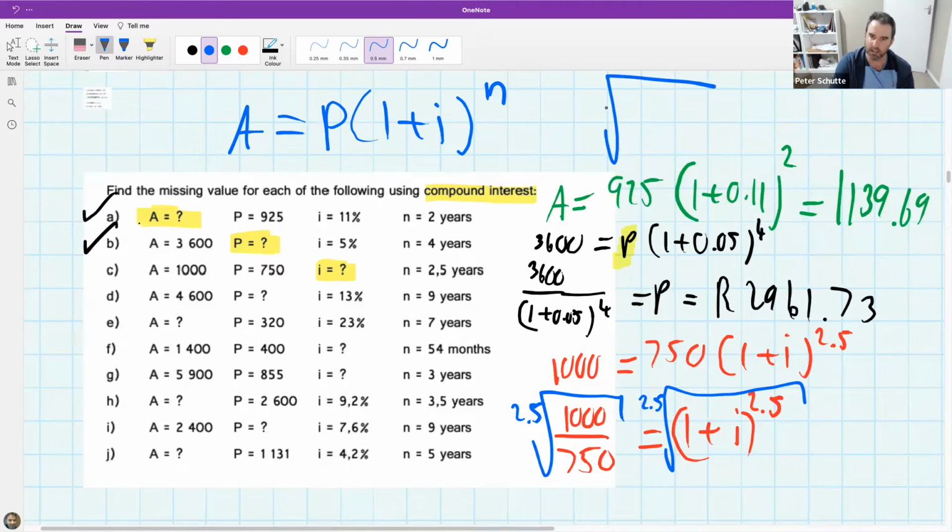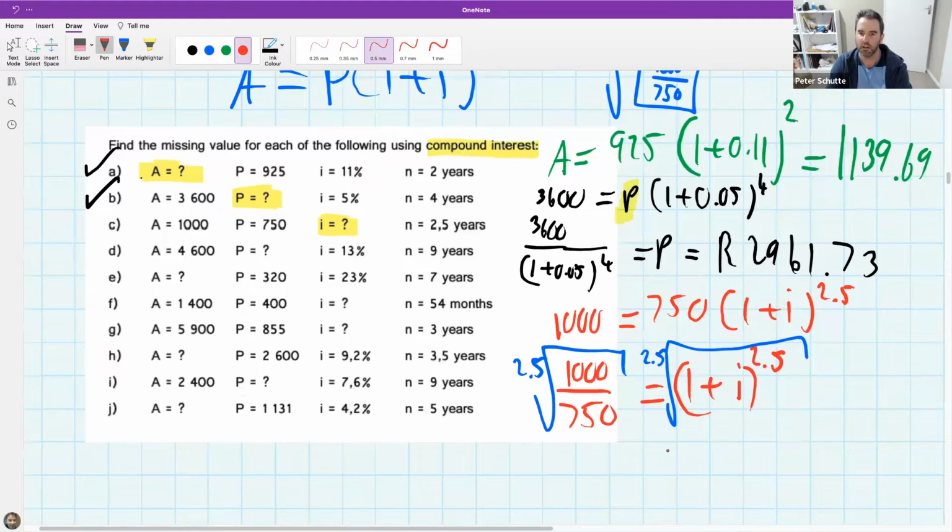It looks a little bit like that. And the bit inside is going to be a fraction, right? So you're going to have 100 over 750, but over here, you're going to have 2.5. And when you do that, you're going to end up with 1 plus I, but then what is on this side is the question. Let's find out.